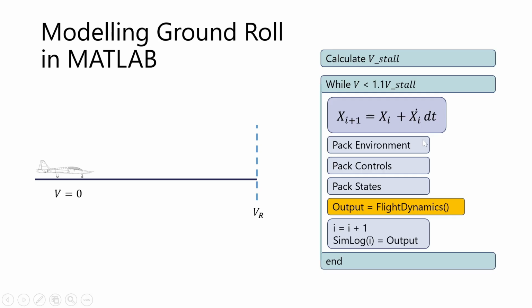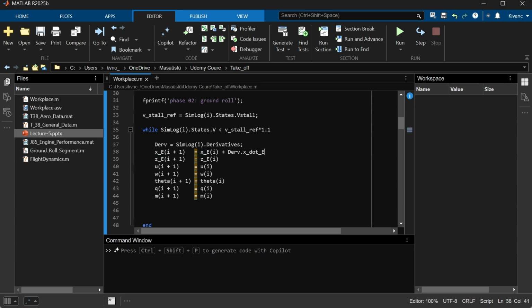And do not forget the dt here. So dt. So I'm going to copy this and paste for every variable here. And I'm going to call their own derivatives here. Okay, it seems we are done.